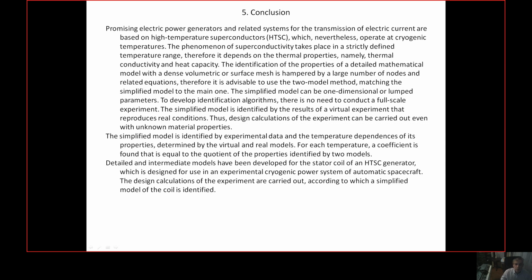Detailed and intermediate models have been developed for the stator coil of a high-temperature superconducting generator, which is designed for use in an experimental cryogenic power system of automatic spacecraft. The design calculations of the experiment are carried out, according to which a simplified model of the coil is identified.